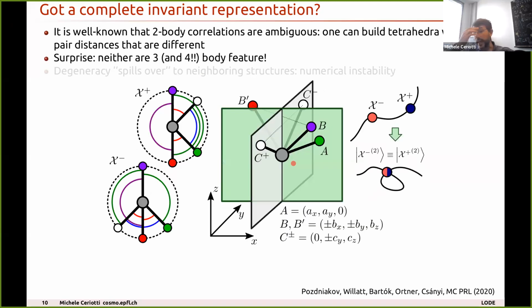Something that we realized is that this is also true if you consider more complicated objects that contain collections of distances and angles, and there are also counterexamples for tetrahedra. It is not clear at which point you can stop in this hierarchy if you want to only use the invariant components of the descriptor.